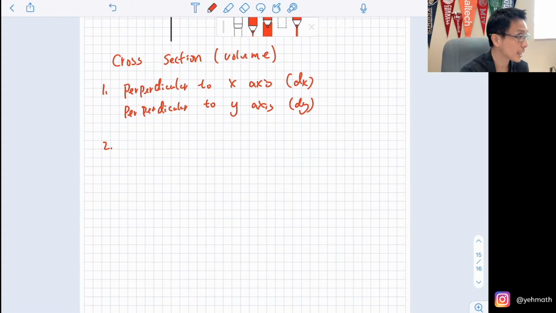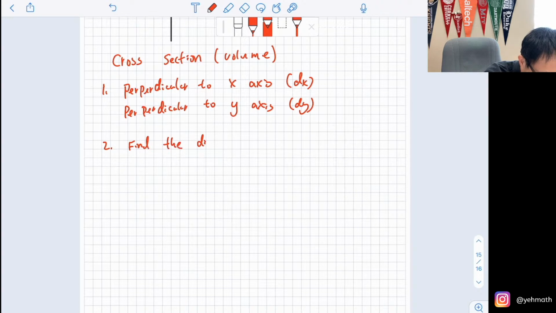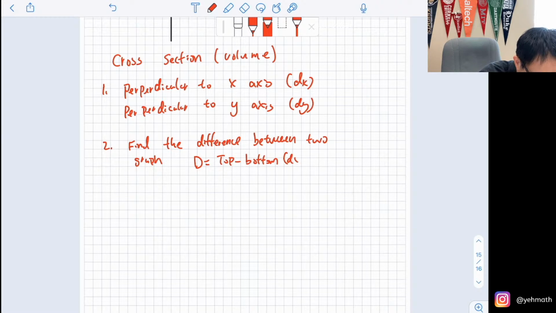Second thing is I want to find the difference between two graphs. To find the difference, usually the difference is equal to top minus bottom, in terms of dx, right?